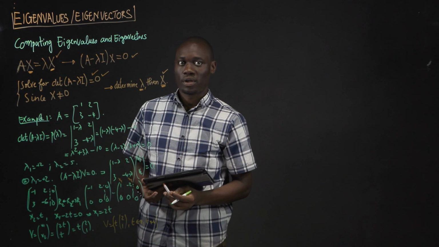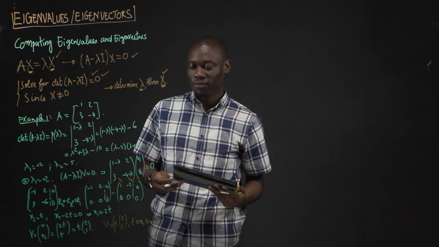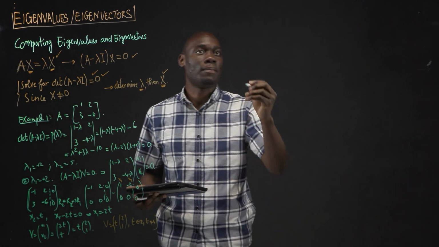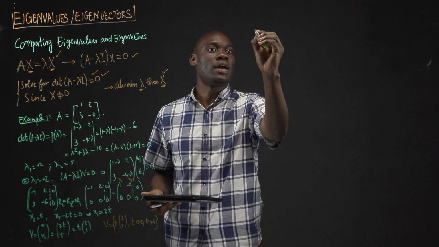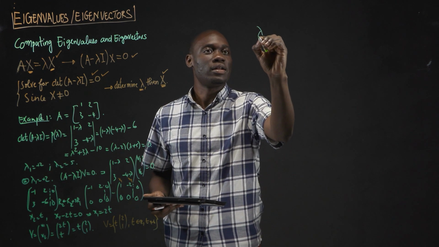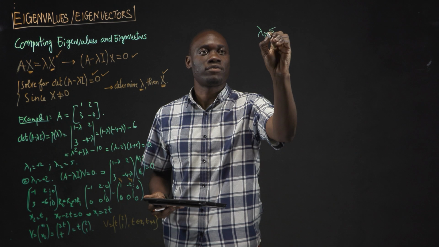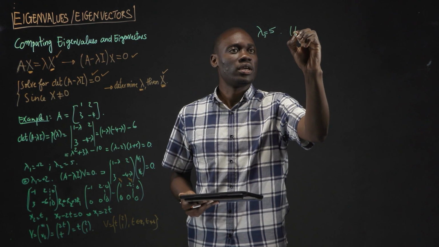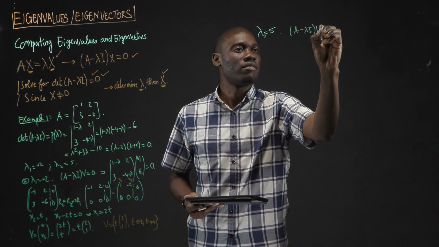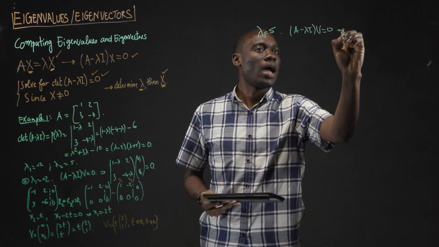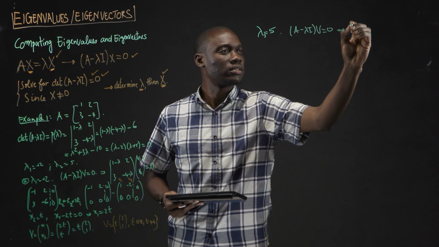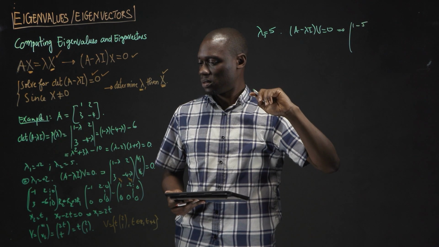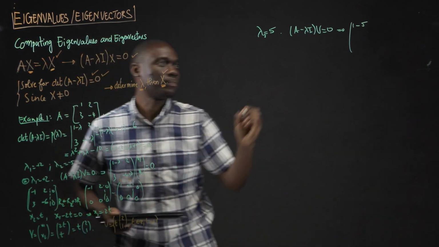Now, if I'm looking for the second eigenvector for lambda 2 equals 5, solving the equation (A minus lambda I) v equals 0, I have [1 minus 5, 3; 2, minus 4 minus 5].